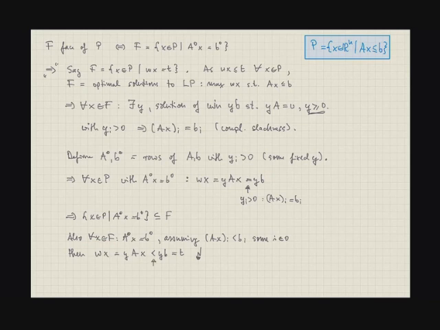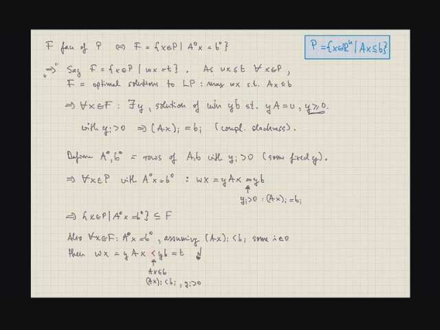Well, because we know x is a feasible point from the polytope, so it anyhow fulfills Ax less or equal than b. And we just assumed that Ax at index i would be strictly less than bi, and the corresponding yi is also strictly positive. So therefore we would get this strict inequality here.